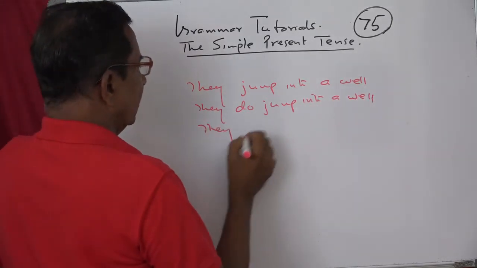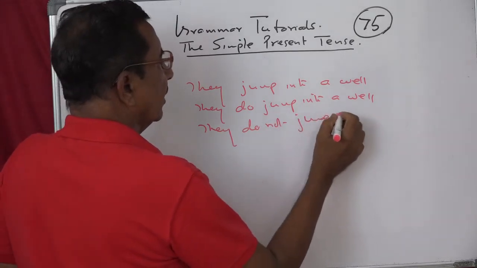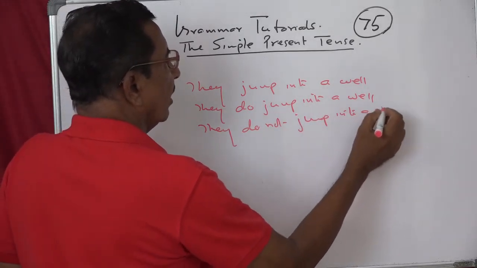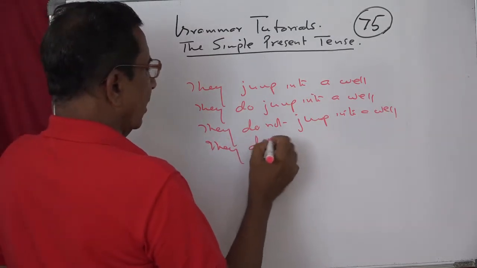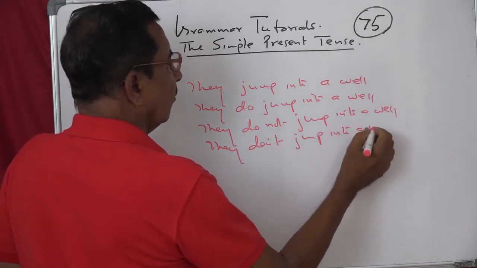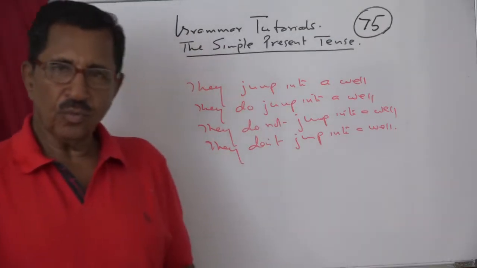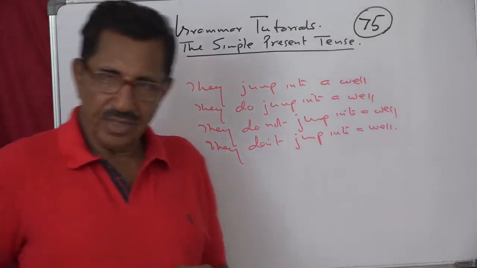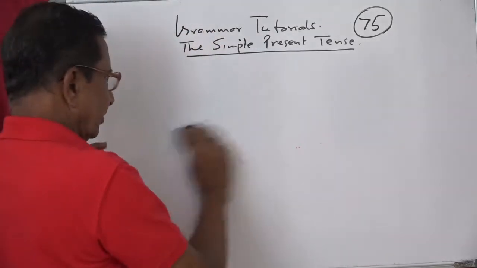They do not jump into a well. They don't jump into a well. Okay. So we have seen I, you, we and they. Now we are at the third person.